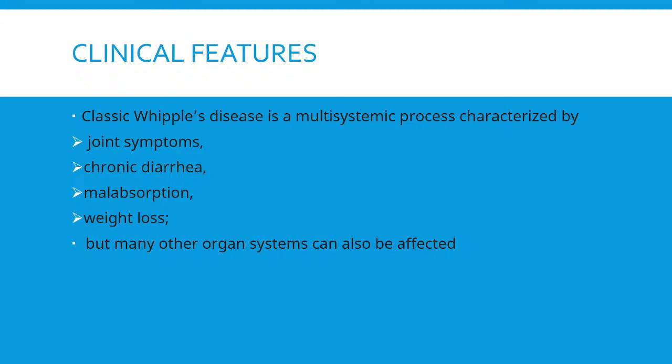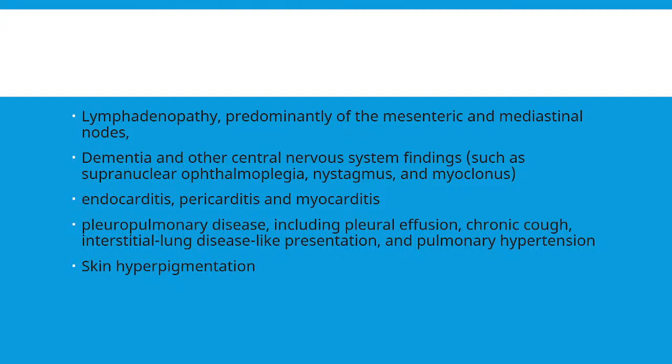Although the patient presents to you characteristically with these 4 symptoms. Lymphadenopathy predominantly of the mesenteric and mediastinal lymph nodes, but it is not considered to be diagnostic because it can be present in multiple other diseases such as intestinal tuberculosis also. Dementia and other central nervous system findings such as supranuclear ophthalmoplegia, nystagmus and myoclonus can be present.